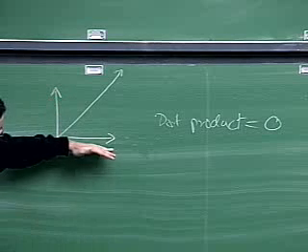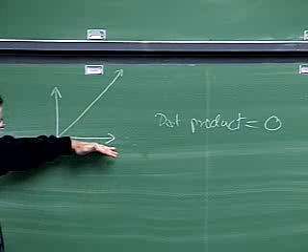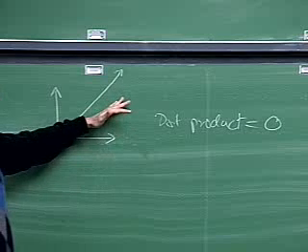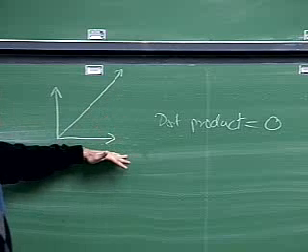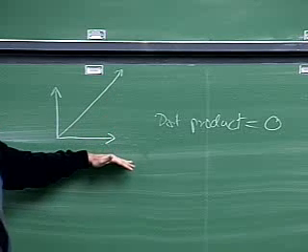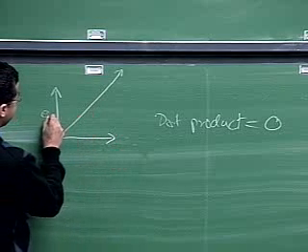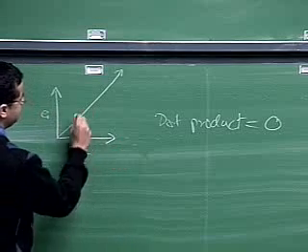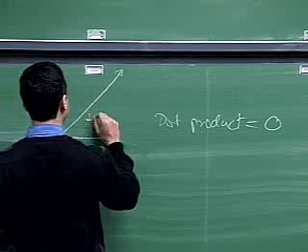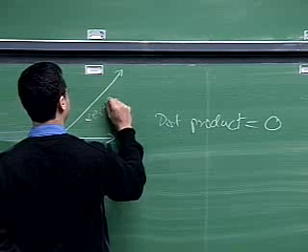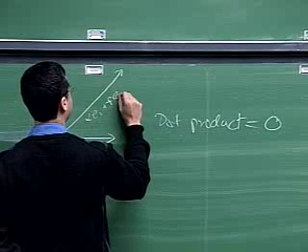If you take a dot product of this vector with this one, you recover the scalar coefficient of this vector back. So let's call these E1, E2. This vector was alpha E1 plus beta E2.